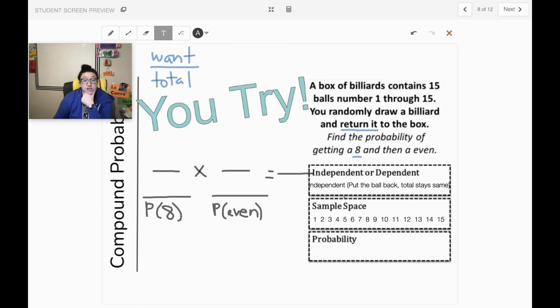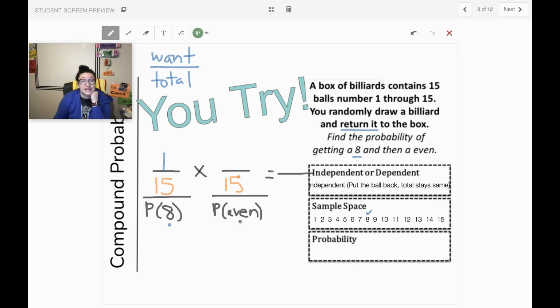All right, so this was independent because we put the ball back. If you return it, it's independent and the bottom number is going to stay the same. So we know that our bottom number is always going to be what for this type of problem? 15, because there's 15 balls. That number's not going to change. First, we're looking for the probability of an 8. There's only one 8 in a group of billiard balls.